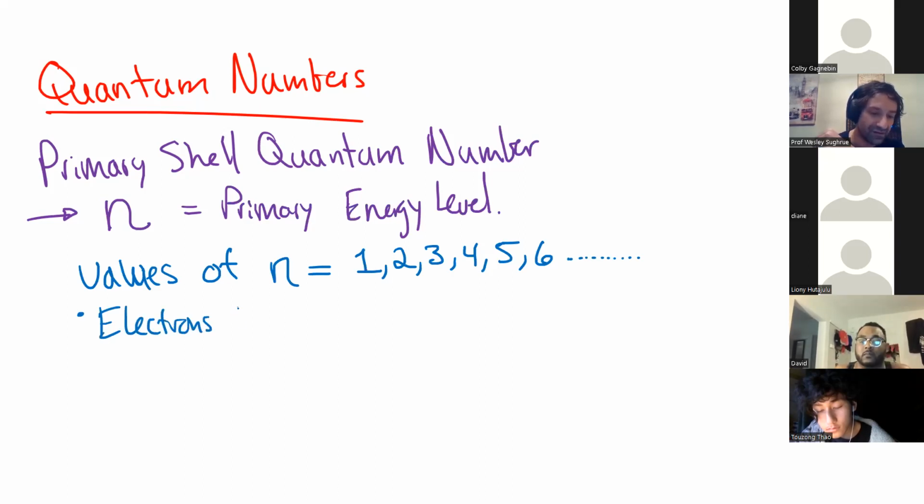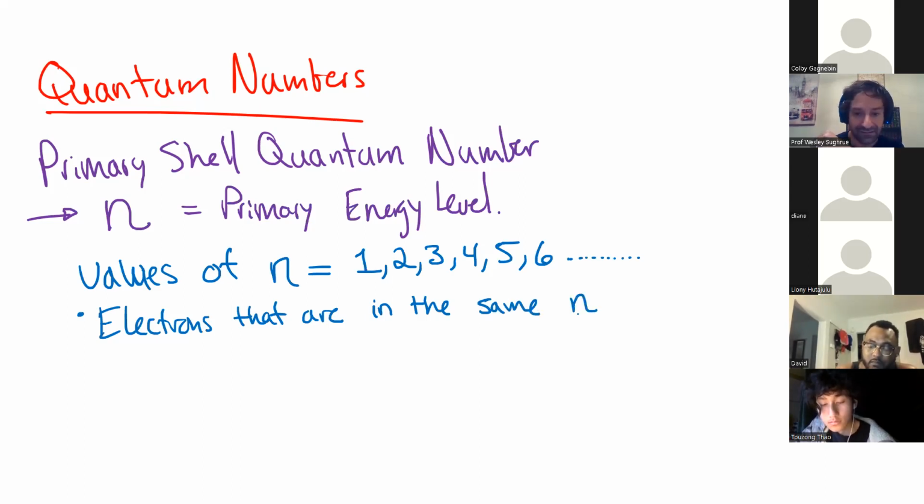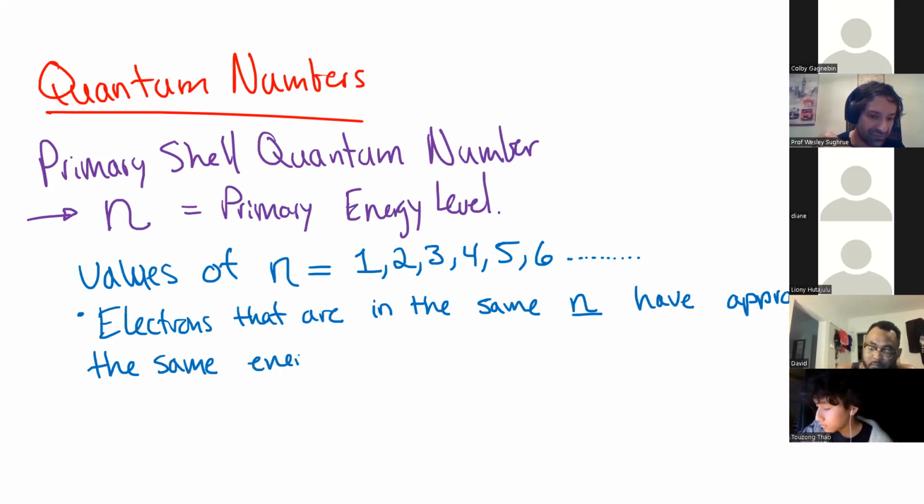Electrons that are in the same N have approximately the same energy, not precisely necessarily, because remember there's a subshell, but approximately the same energy.